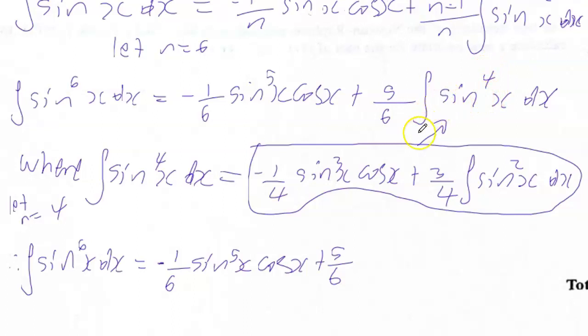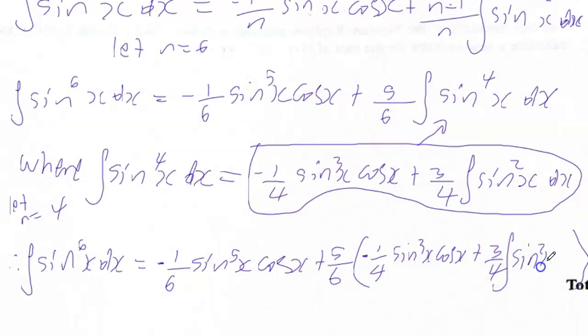But we know the integral of sine to the 4th power is what we have here. So let's rewrite it: that's negative a quarter sine cube x cos x plus 3 quarter times the integral of sine square x dx.